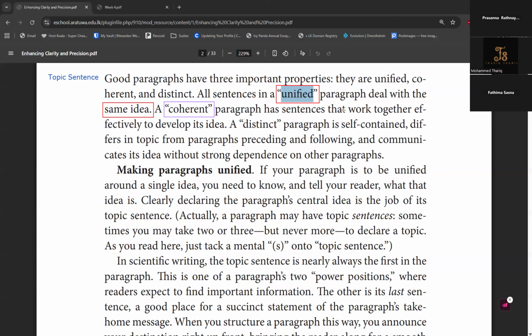And the very reason here is that coherent means they are developing a main idea. When an idea is developed, keep in mind that you have to first define the idea, then give examples, and then talk about how that idea is used in the practical context.